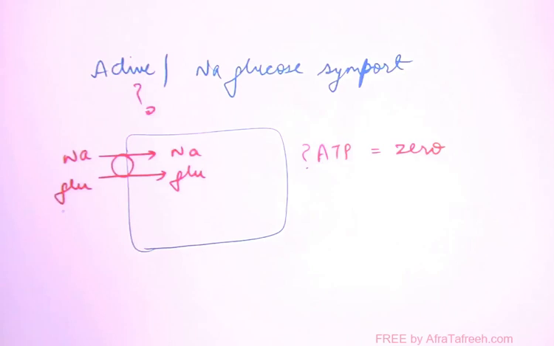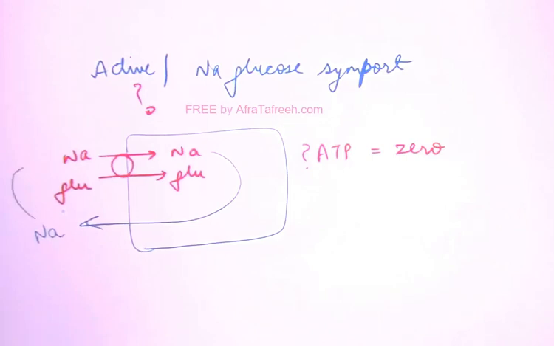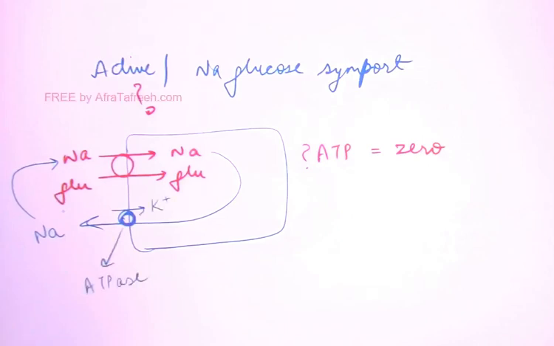See here, the reason is, whenever sodium is coming inside the cell, then sodium has to be thrown out of the cell also, so that the same molecule of sodium will be used for taking another glucose inside. Now, how do we throw sodium out of the cell? This is with the help of the sodium-potassium ATPase pump. So energy is used by this pump actually.